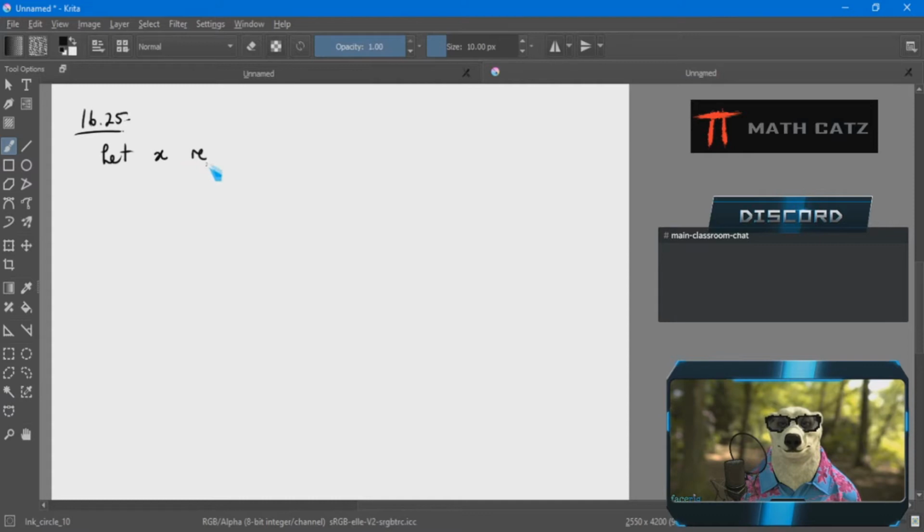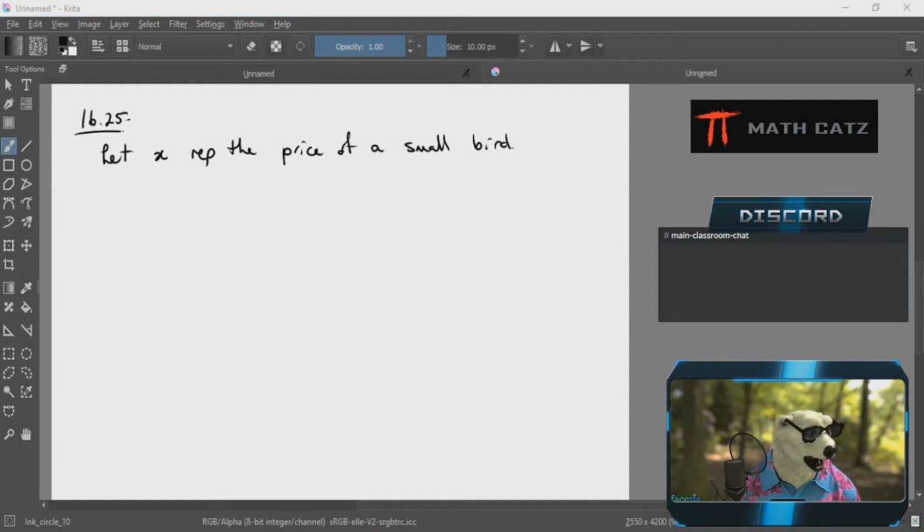Let X represent the price of a small bird. It's very important to write out your sentence clearly so you know, and anyone who reads your answer knows, what my variable represents.